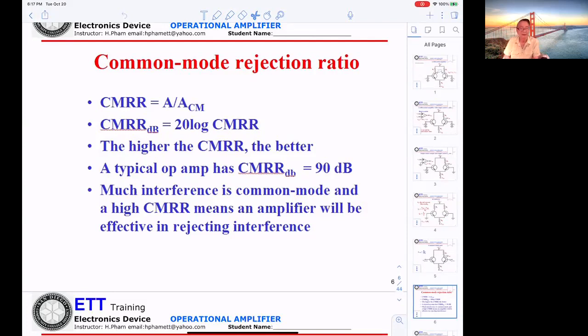If you get a small common mode rejection, that means your signal will be almost the same as the noise. That's what they don't want. A typical op-amp has a common mode rejection of 90 decibel. Interference is common mode, and a high common mode rejection means an amplifier will be effective in rejecting interference. Interference means the noise.